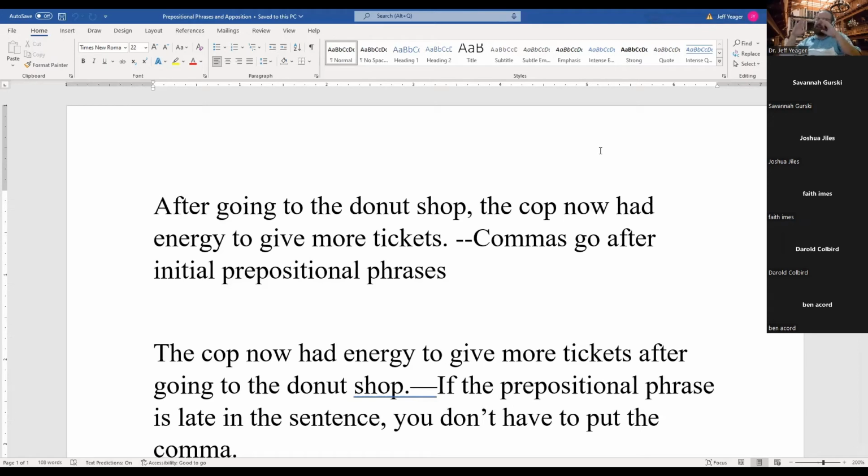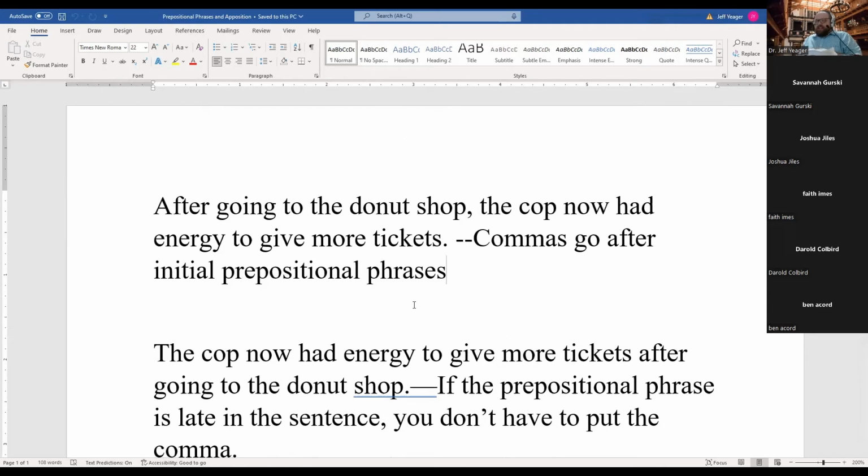There's a pause there, so with that pause, you put a comma. If you put that phrase at the end of the sentence, the cop now had energy to give more tickets after going to the donut shop, you don't pause, so you don't put a comma there.